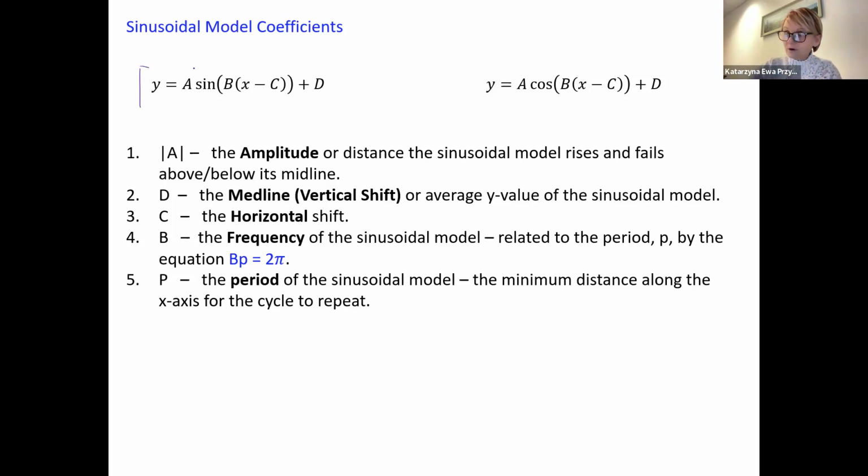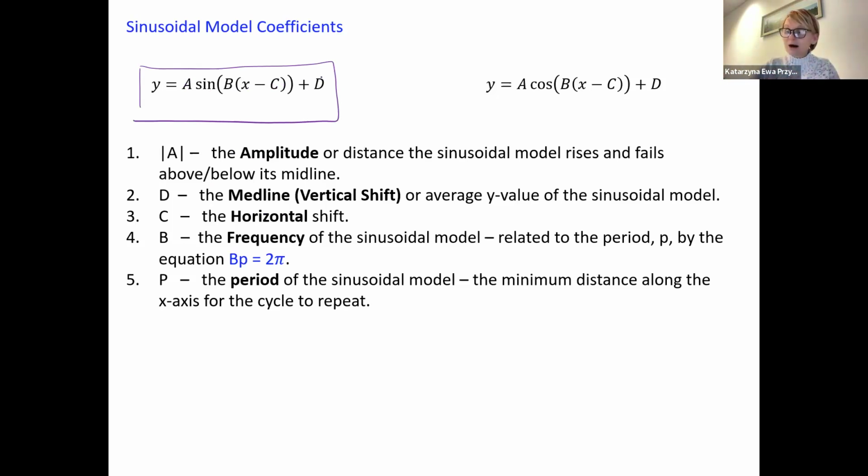When we see the formula like this, yes, we have to know A, it's an amplitude. If it's nothing, meaning 1, we have the standard graph. But if it's a little bit bigger, we will have this. C is a horizontal shift. That's like from algebra. When we subtract a quantity from x, we're shifting along the x-axis.